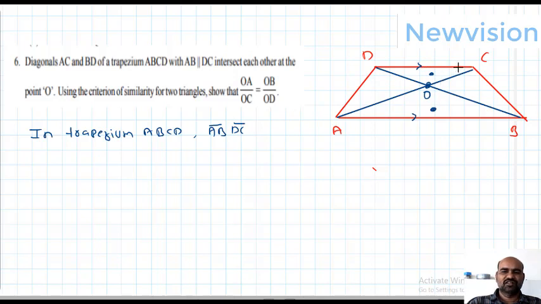This angle equals this angle because, for parallel lines and a transversal, alternate angles are equal. First of all, you write from triangles COD, order is important, next AOB. Comparison: first, angle OCD equals angle OAB.